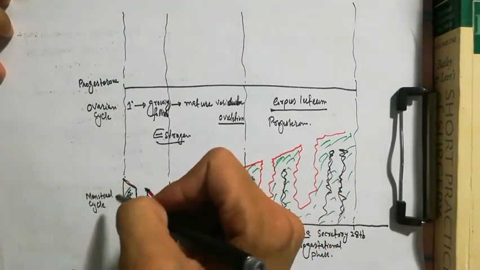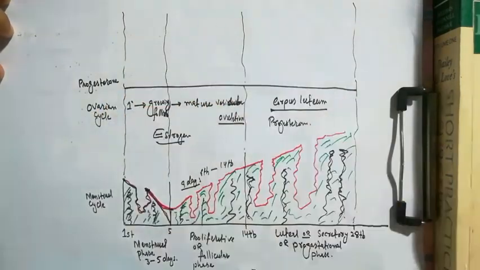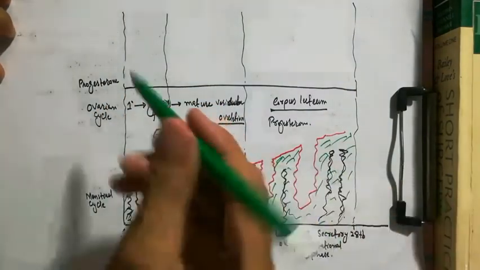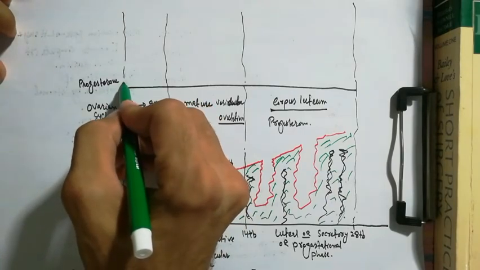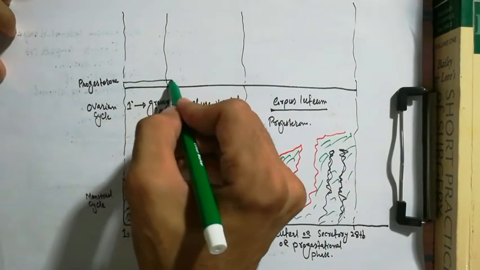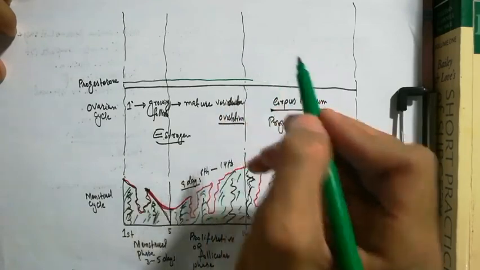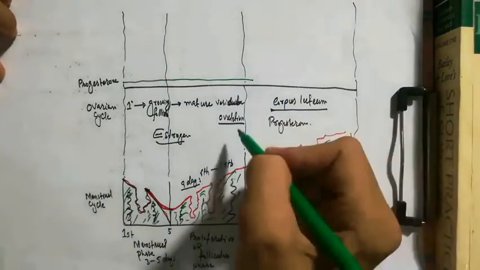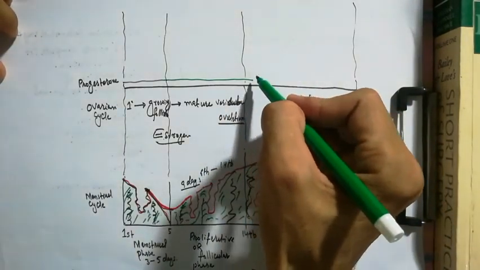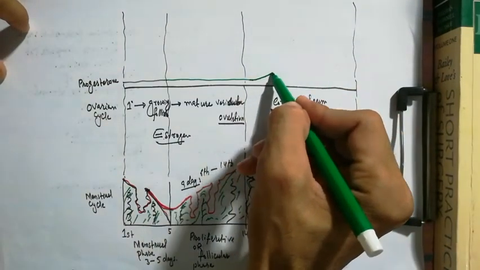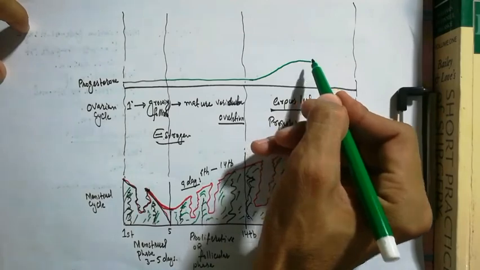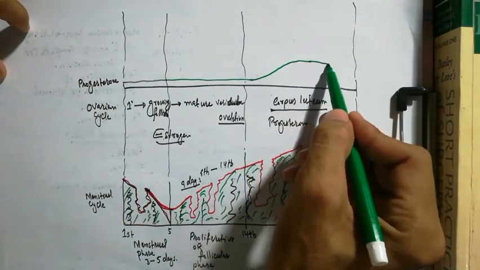It is normally secreted at a low level. After ovulation, when corpus luteum starts to produce, its concentration is increased.